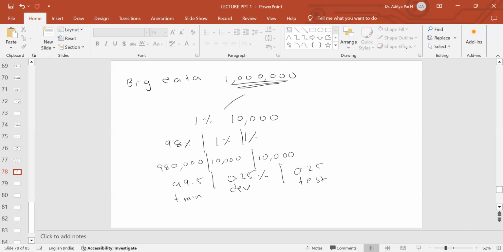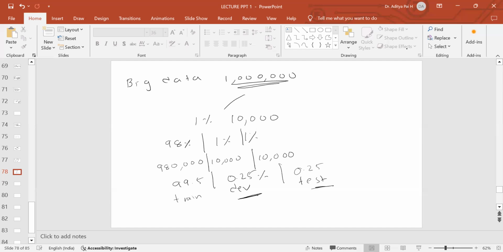As a rule of thumb, make sure that dev and test come from the same distribution, and the train set should be the highest number.